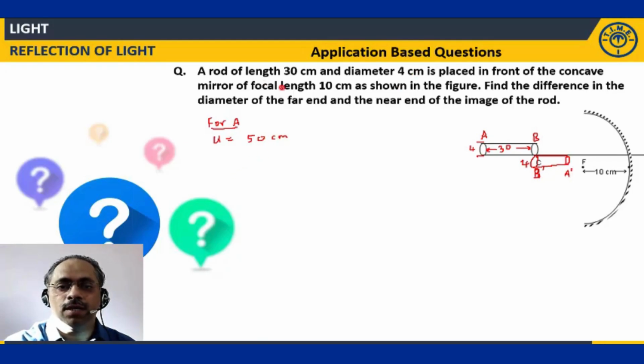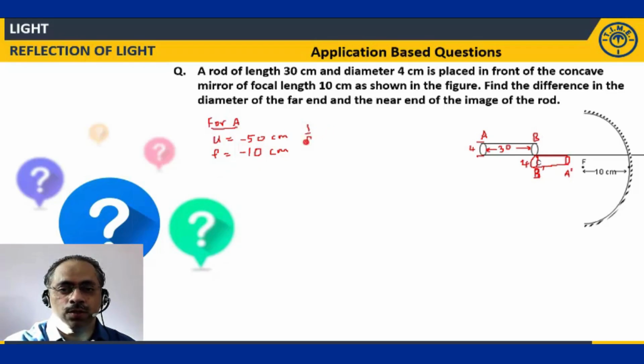What is the focal length of a concave mirror? F is equal to 10 centimeter. That is also known for us. Applying the sign convention, we'll get negative for these two. So I wanted to know what is the image distance.